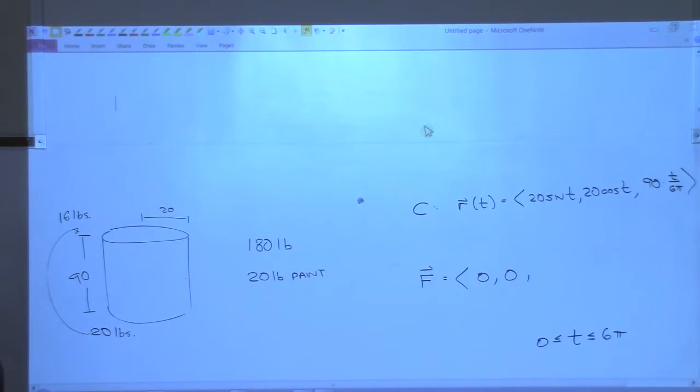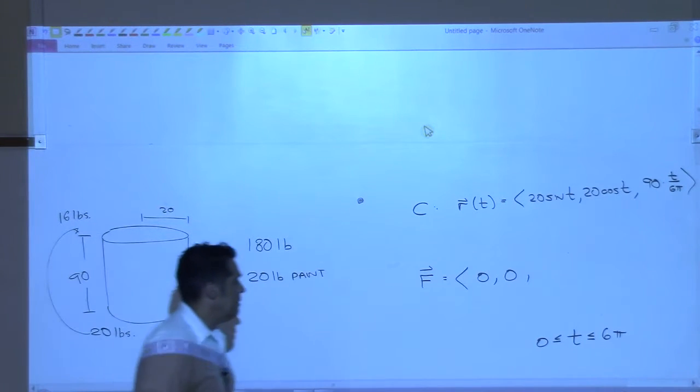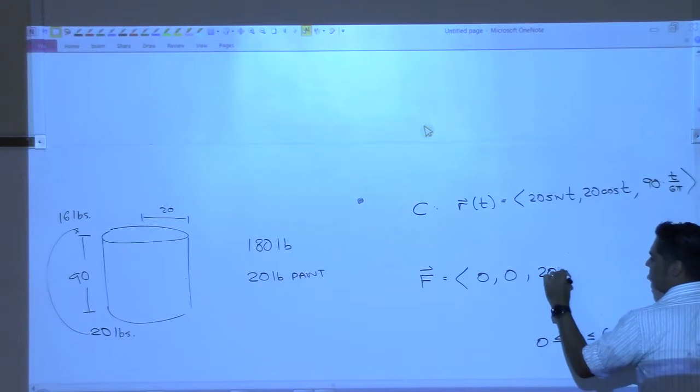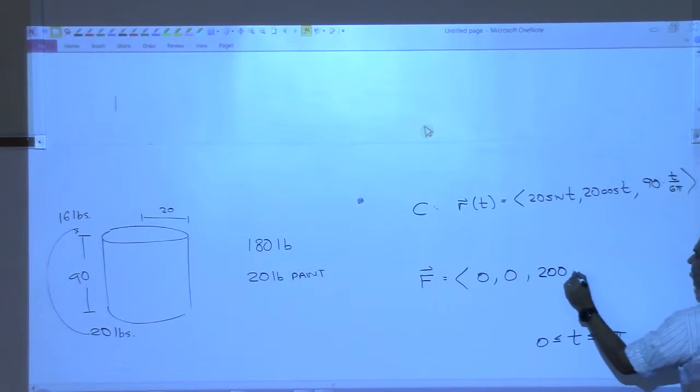The main thing is when t is 0, you want his weight to be 200, combined. And at the end of 6 pi, you want it to be what? 196. So you want it to lose 4 pounds as t goes from 0 to 6 pi. So you could do 200, which is what he starts at, and then subtract from that.